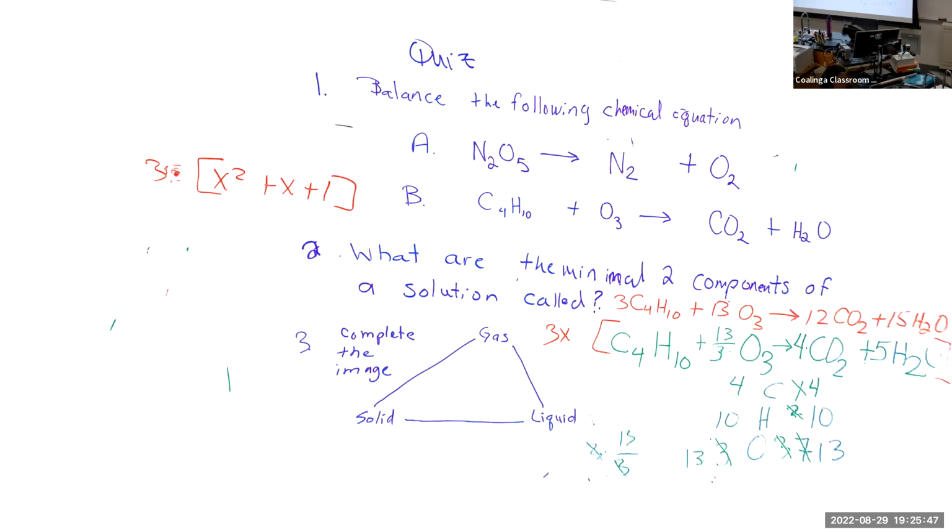That basically means that if this is 3 times, that dot means times, then it's 3 times x squared, then 3 times x, then 3 times 1. You guys remember that? I know it was a long time ago, right?